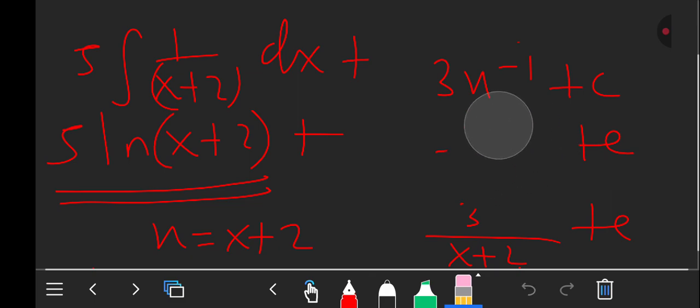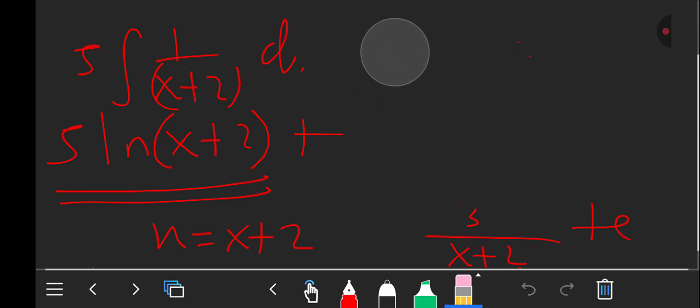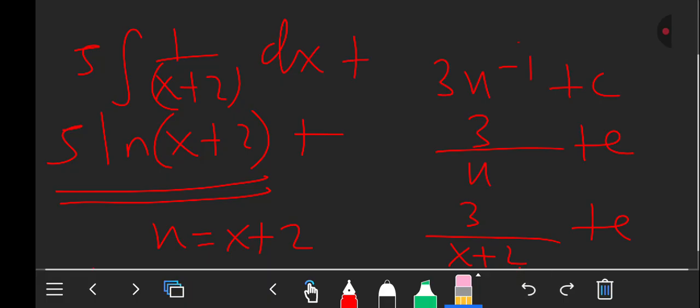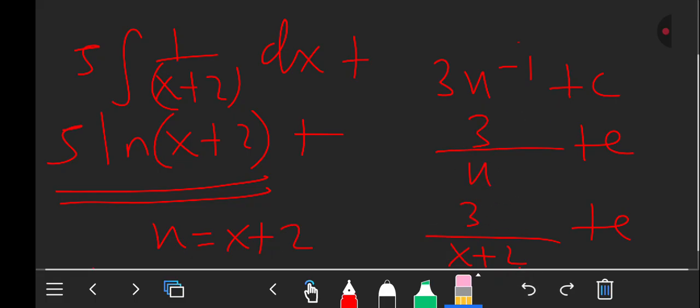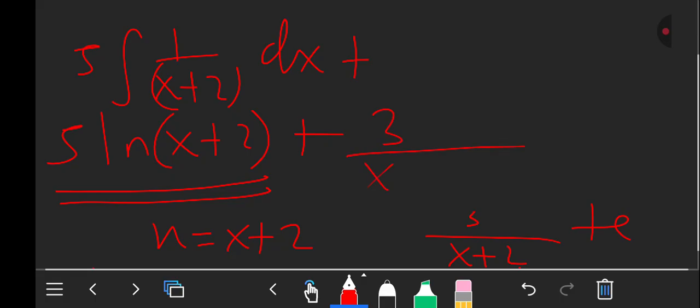We've integrated this, so I can just add it to the one which I integrated. So it is plus 3 over x plus 2, then plus c.